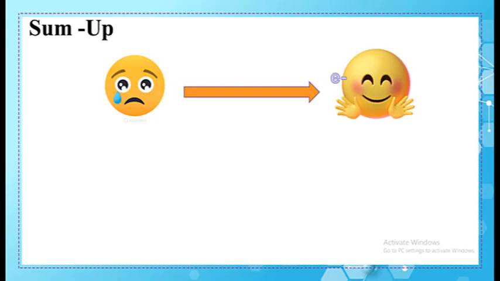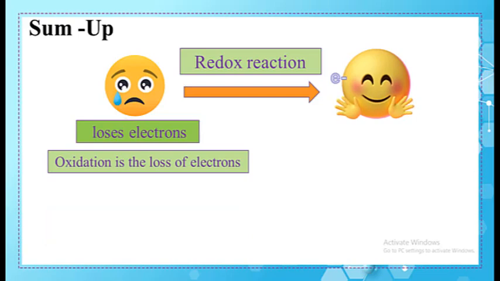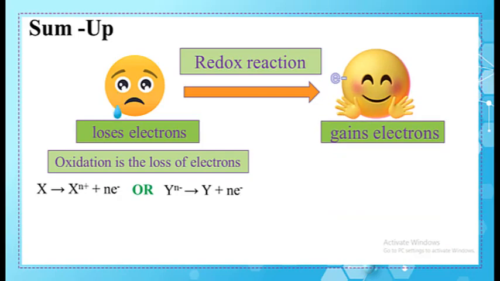To sum up, there are two species, one of which loses electrons and the other gains electrons, to make what is called a redox reaction. The first one, which loses electrons, undergoes oxidation half reaction, and this reaction in general is X gives Xⁿ⁺ plus an electron, or Yⁿ⁻ gives Y plus an electron.